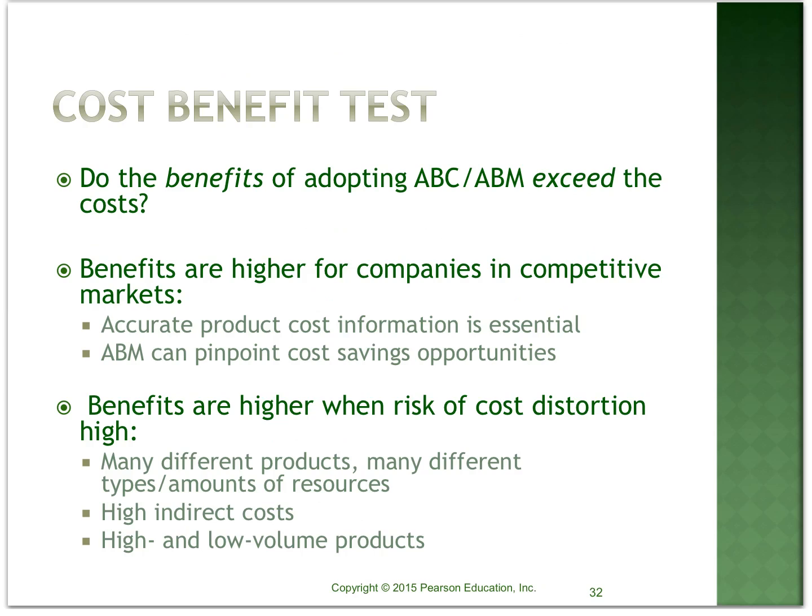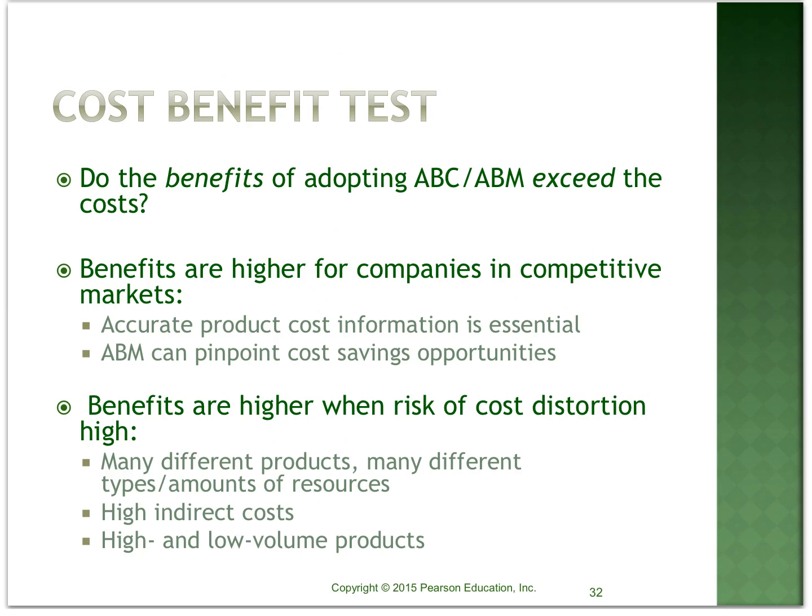And ABM can pinpoint opportunities for cost savings which increase the company's profits or are passed to the customers in lower prices. The benefits of adopting ABC/ABM are higher when the risk of cost distortion is high.